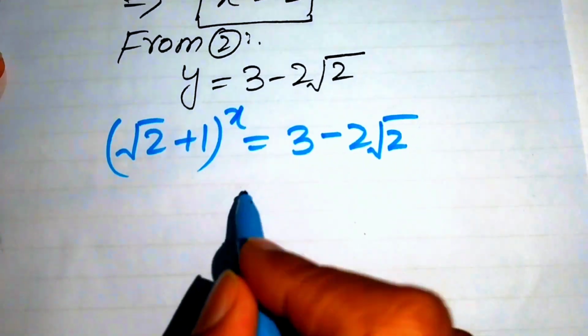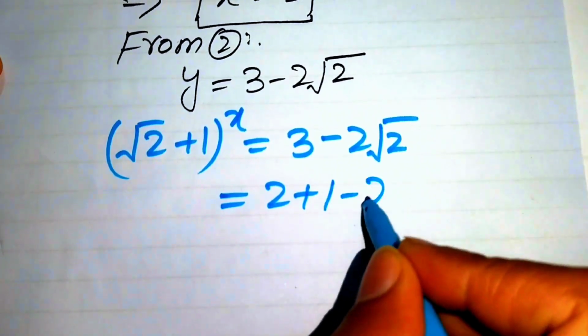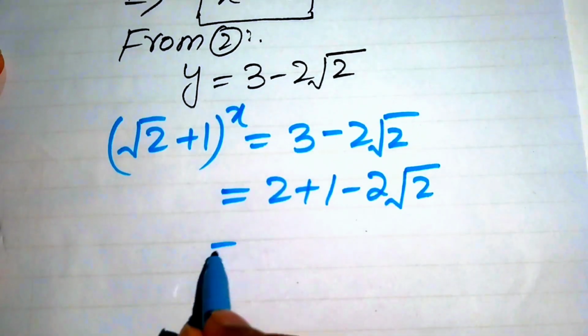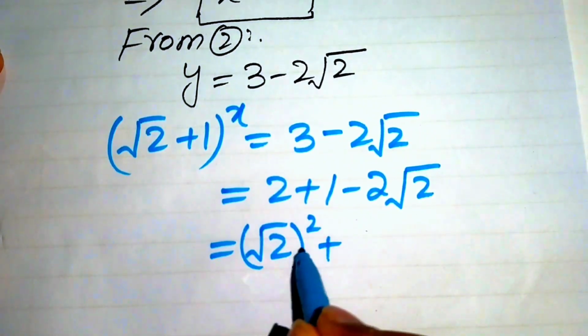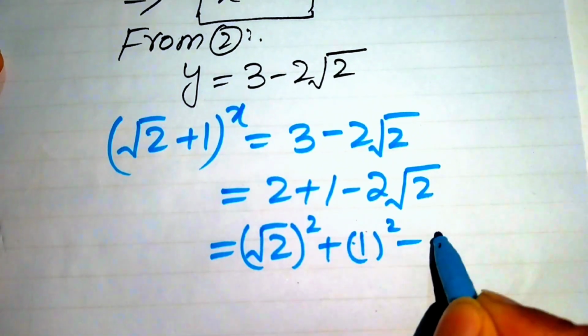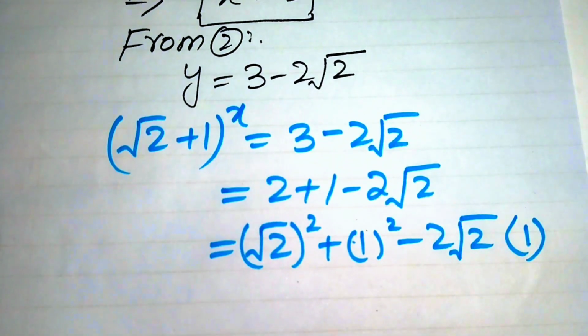And here we again write this 3 as 2 + 1 - 2√2, and we again write this as (√2)^2 + 1^2 - 2 times √2 into 1.